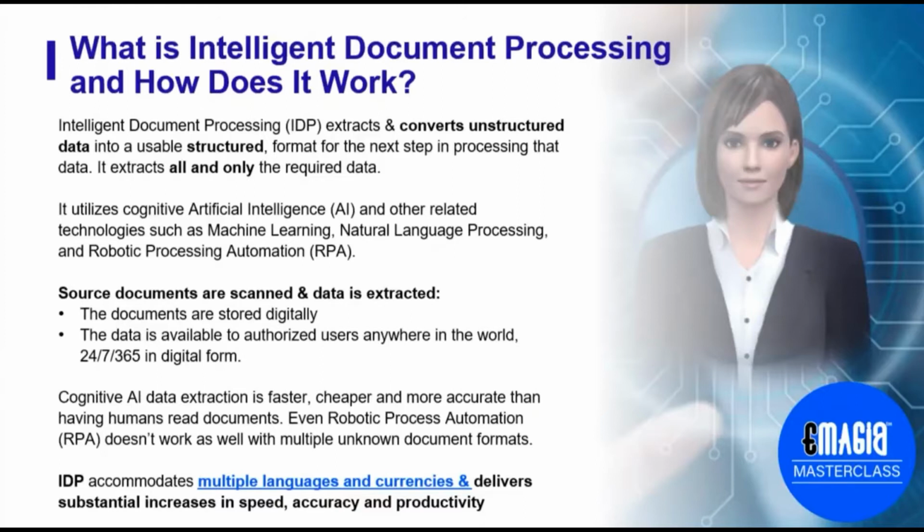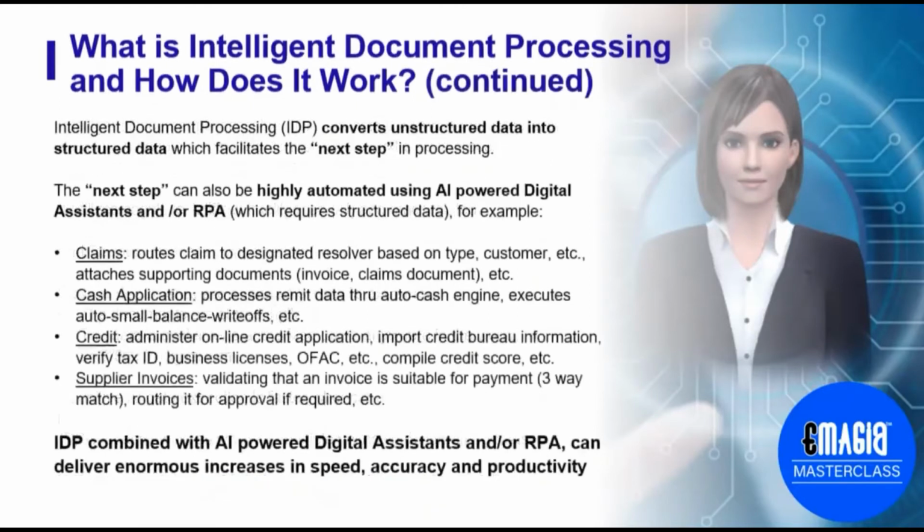In fact, RPA requires structured data, not unstructured data. So that's a big obstacle. And nicely, IDP accommodates multiple languages, multiple currencies, and at the end of the day, delivers benefits, including increases in speed, accuracy, and productivity. So a very valuable capability.